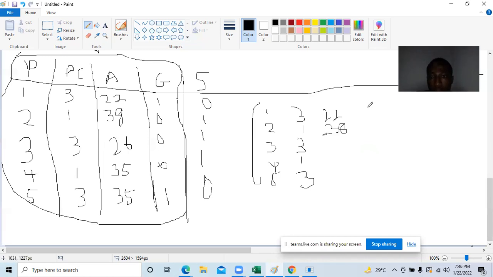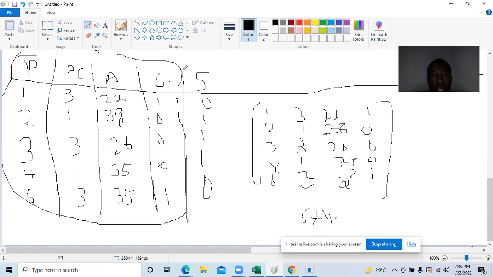Then we have 1, 0, 0, 0, 1. Okay, let me just write it out. 26, 35, 35, right? This is a 5 by 4 matrix, right? Because that's 5 here and 4 here.